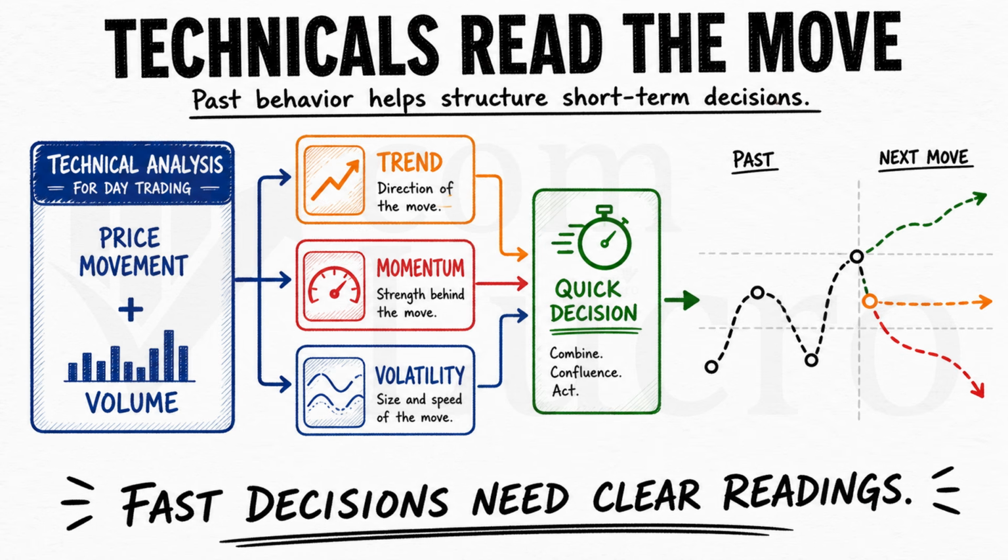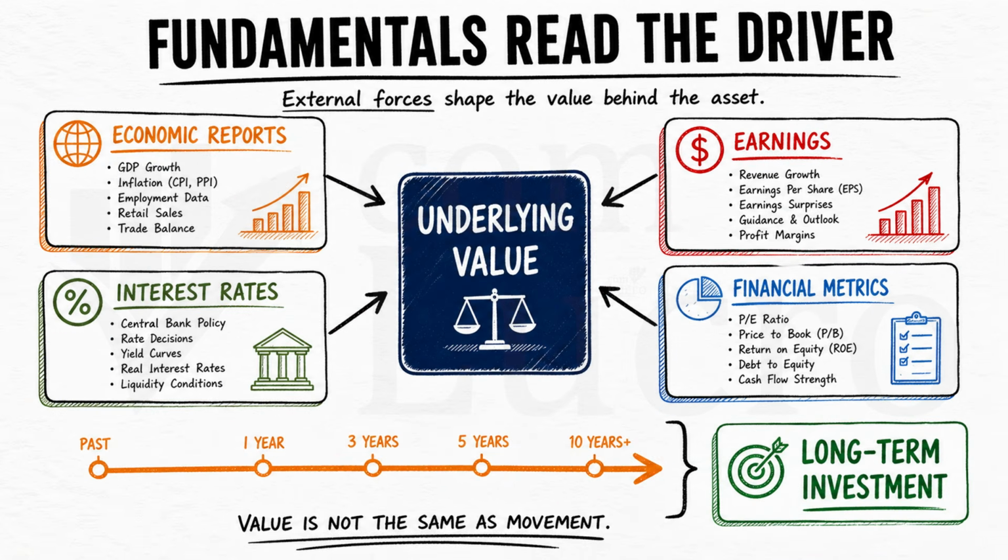It's highly effective for short-term strategies, like day trading, because it lets you make quick decisions based on trend, momentum, and volatility. Fundamental analysis works on a different scale. It looks at external drivers, economic reports, corporate earnings, interest rates, and other financial metrics, and it's mostly used for long-term investment, because it measures the underlying value of an asset, rather than the shape of its chart.